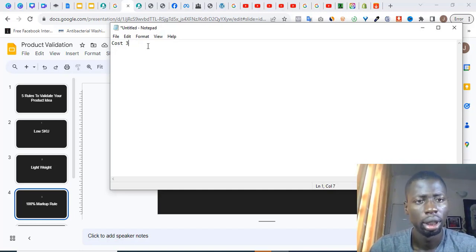Let's say you find a product that costs you around 8,000 naira. Okay, and the cost of Waybilling that product from Lagos to Ibadan or Lagos to any other state should be within 2,000 naira to 3,000 naira. So Waybill is around 3,000 naira.